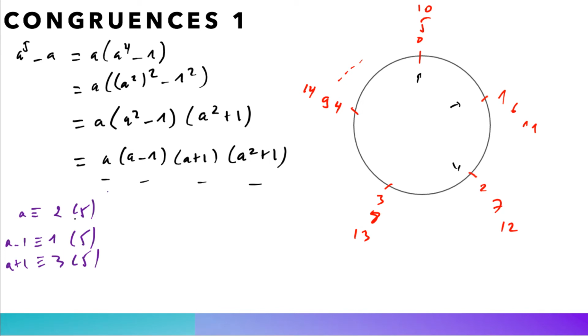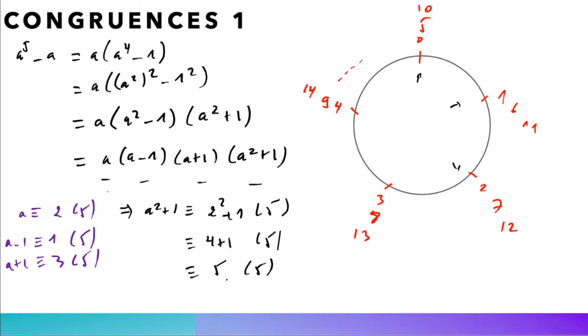Indeed, if a is congruent to 2 modulo 5, then a squared plus 1 is congruent to 2 squared plus 1 modulo 5, and 2 squared is 4, so this is 4 plus 1 modulo 5, which gives 5 modulo 5, and 5 modulo 5 means that a squared plus 1 points to 5 modulo 5, which is 0 modulo 5. Bingo! So we see that if a points to 2, then a squared plus 1 points to 0 modulo 5, which means that a to the 5th minus a is also a multiple of 5.